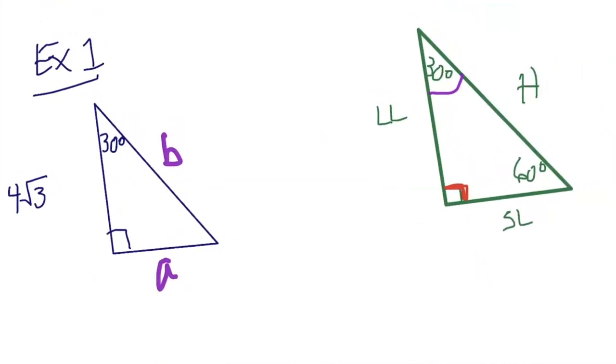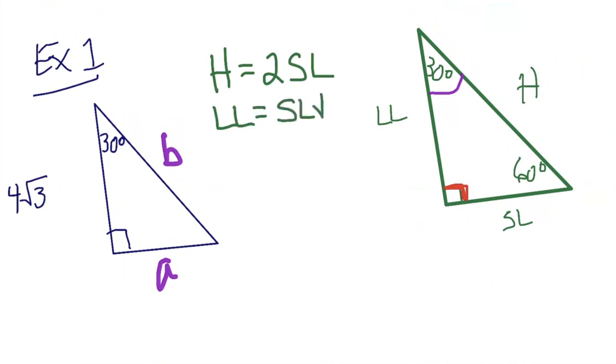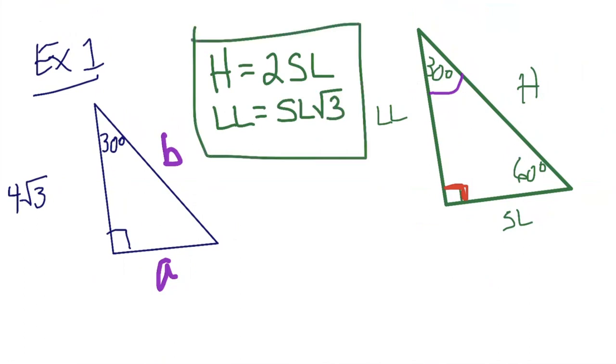So I have two formulas for this. The hypotenuse is twice the short leg, and the long leg is the short leg times the square root of 3. Now you can see how very popular the short leg is. The short leg is in this equation and that equation.